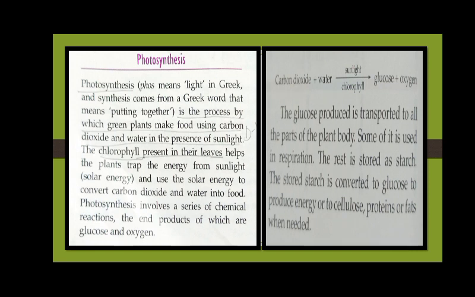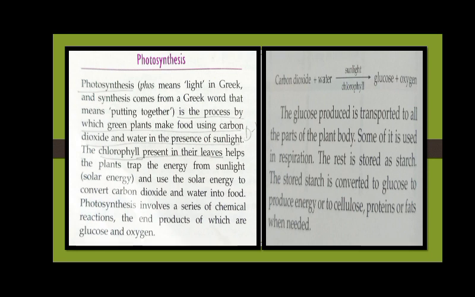Photosynthesis is made up of two words, photo and synthesis. Photo means light, sunlight, and synthesis means to make, putting together to make something. So here we are talking about making of food in green plants with the help of sunlight.